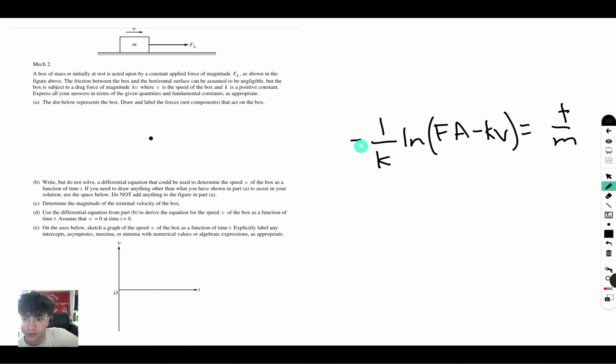So we'll multiply both sides by negative k first. ln is equal to negative kt over m. And the reason I did not add a c is because here it says assume velocity is 0 at time t equals 0.